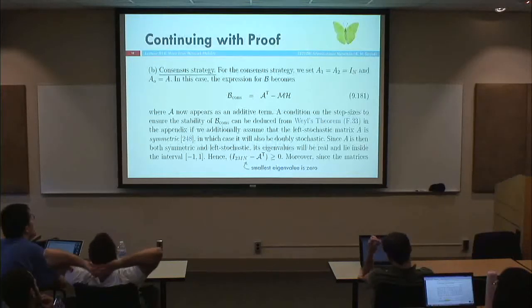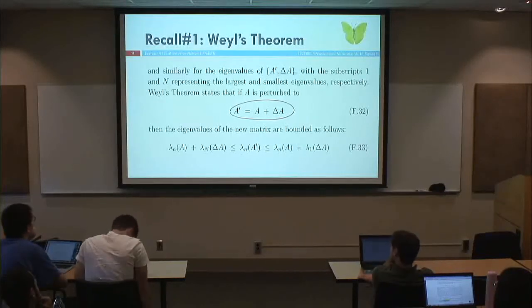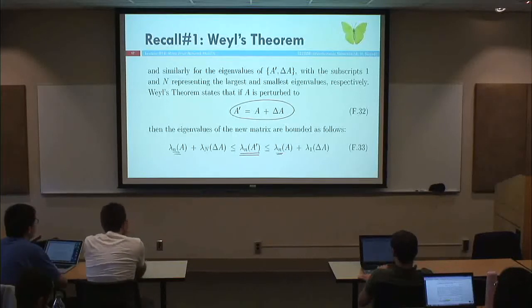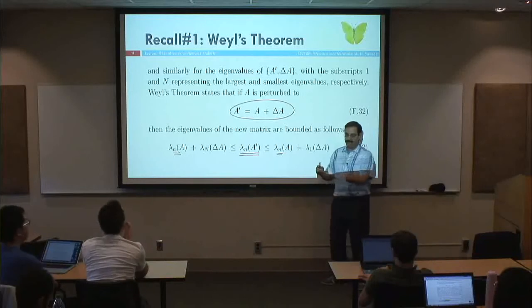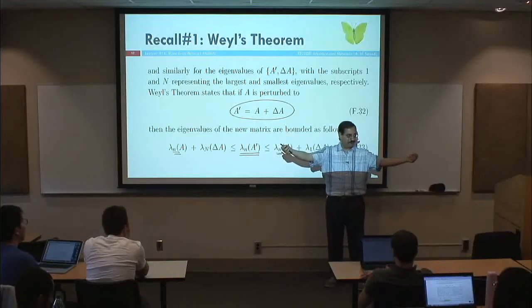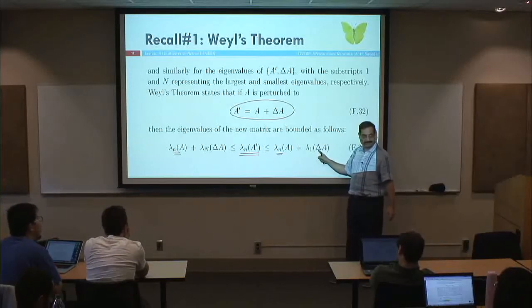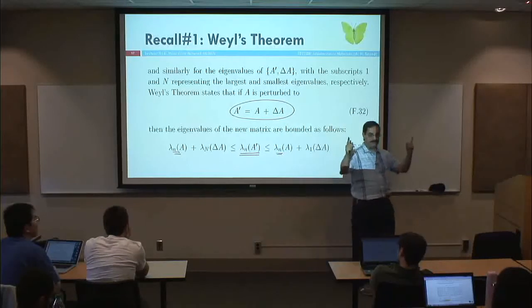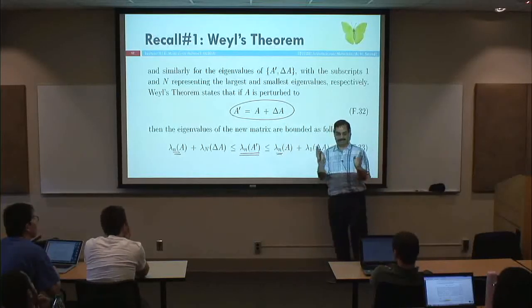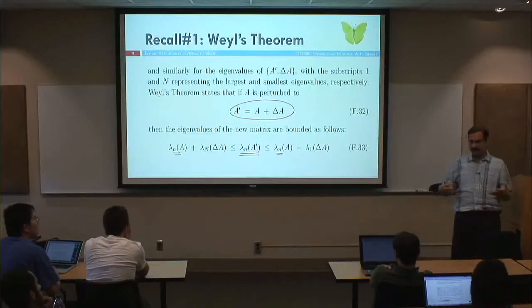You take the nth eigenvalue of A prime, you take the nth eigenvalue of A, and here it is. Add the largest, add the smallest, so you get an interval. The new eigenvalue will lie within that interval. This is what the theorem says. I'm not proving it, I'm just stating it.